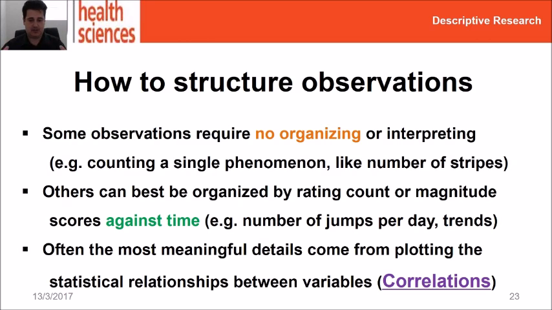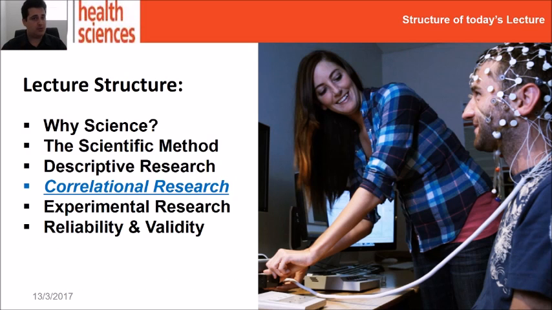You use a statistical tool, the correlation coefficient, to see how well you could predict the levels of one variable with another variable. That's the most useful way we have to pick out descriptive patterns in the environment. That's why correlations are a form of descriptive research. Correlational research is descriptive by its nature, but because of how useful the correlation coefficient is, we give it its own category, which we're going to get to next.